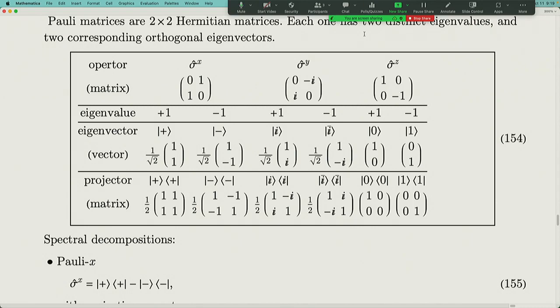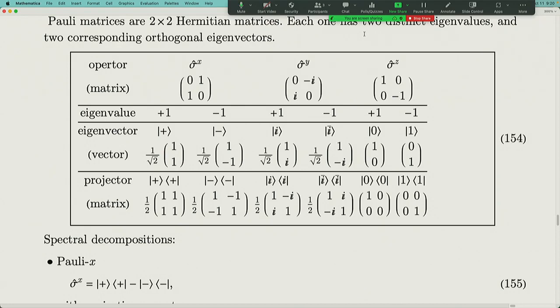That's actually the case. So first of all, let's see how we construct this projection operator. We take the ket state, and then we construct its corresponding bra state by transpose and complex conjugate. So this will be 1 over square root 2, (1, 1), and 1 over square root 2, (1, 1) horizontally.